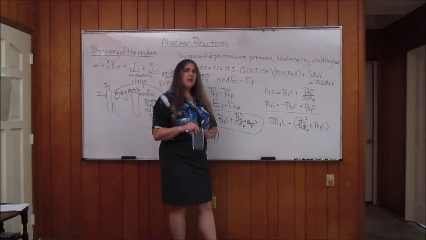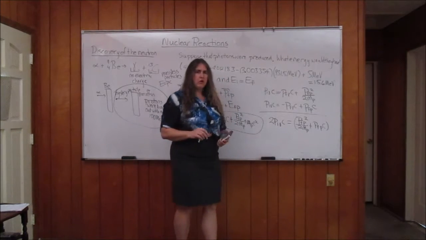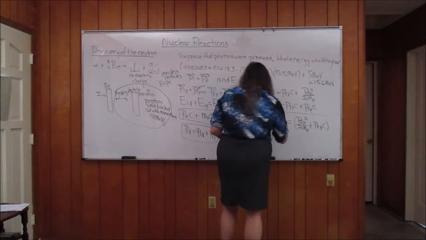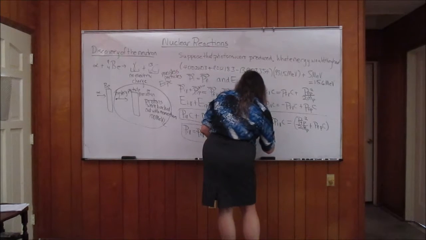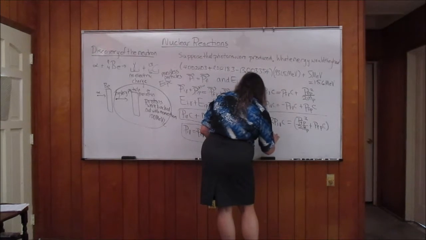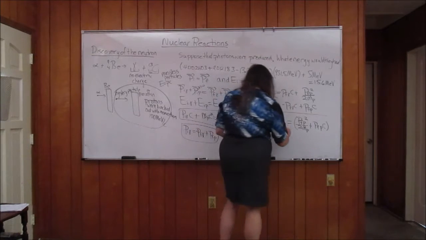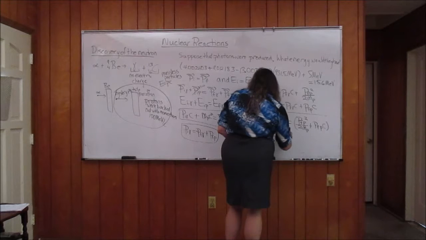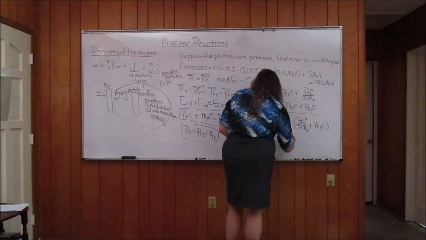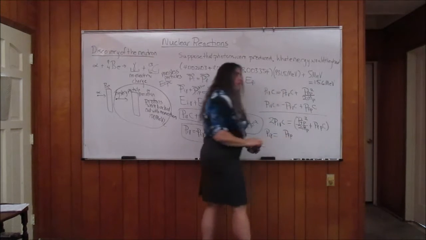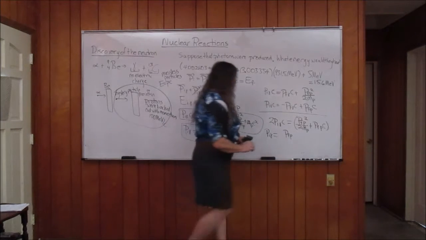Now I want to keep everything in units of megaelectron volts over c. So we first divide through everything by a factor of 2c. And in this first term, I'm going to divide and multiply through by c squared.